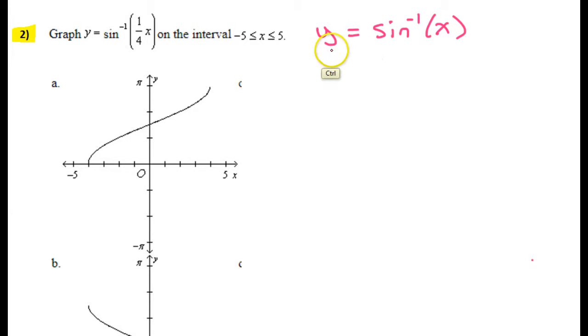Now, understand that if I have y equals inverse sine of x, that means that the sine of y is equal to x. So this is what my strategy will be.